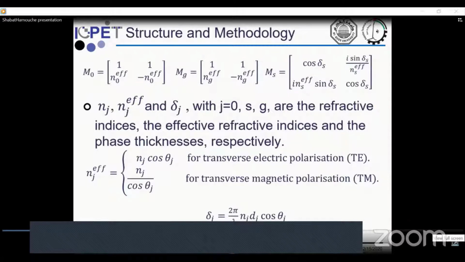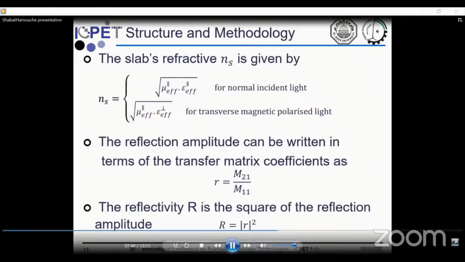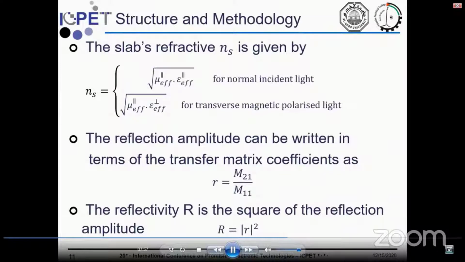We continue deriving the reflectivity through the transfer matrix. The reflection amplitude can be written in terms of the transfer matrix coefficients, as you can see, and the reflectivity R is the square of the reflection amplitude.